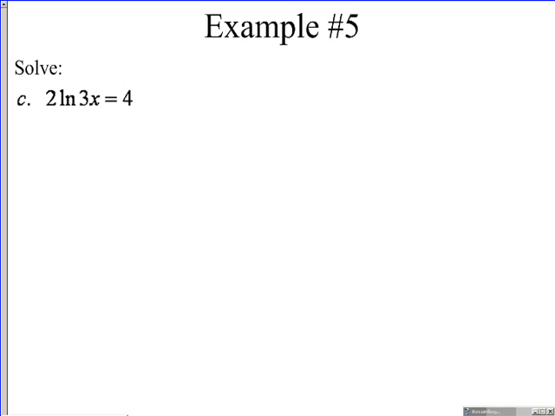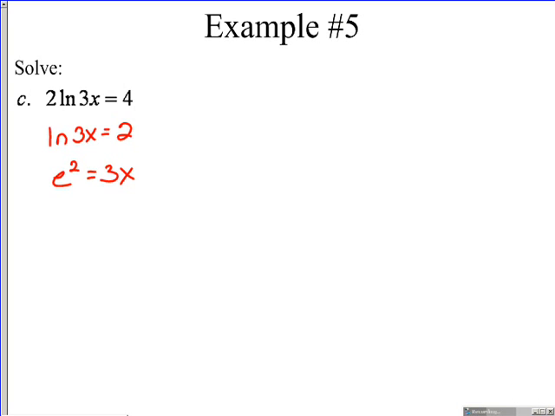Letter C. Once again, logarithms on one side here. 2 natural log 3x equals 4. Want to isolate the logarithmic expression, so I'm going to begin by dividing by 2. We get natural log of 3x equals 2. Once the logarithm's isolated, change to an exponential. Base to the exponent equals the argument.